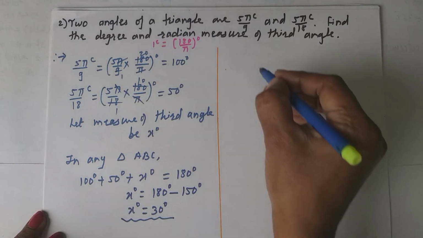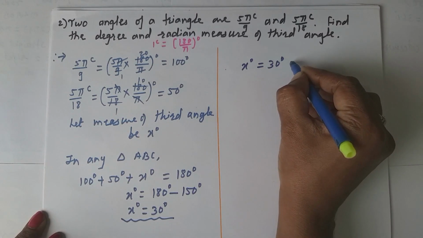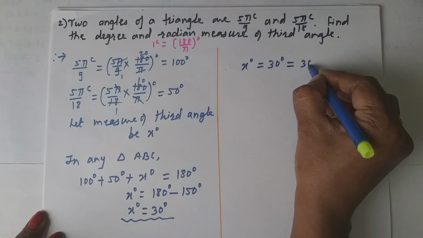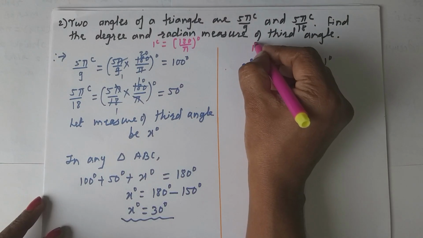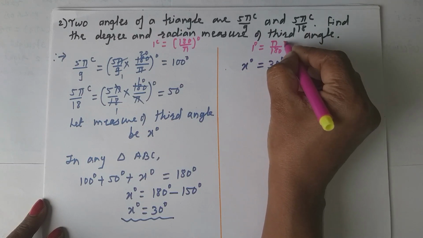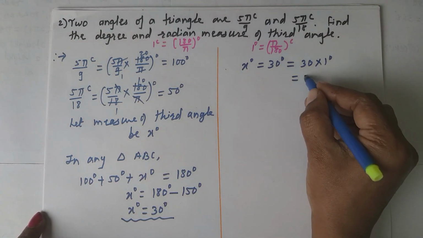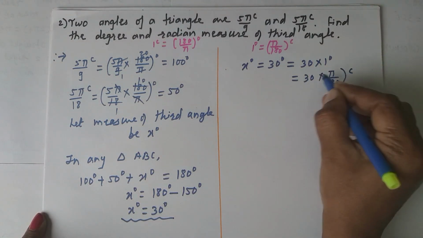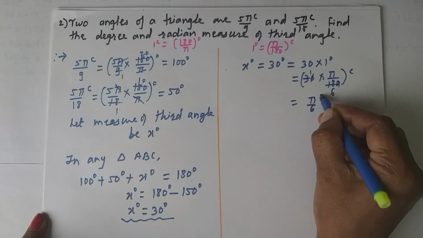Then you convert this x, that is 30 degree, into radians. And we know that 1 degree is nothing but pi divided by 180 radians. Then you keep the value of 1 degree, simplify this. Then I will get the angle in radians, pi by 6.